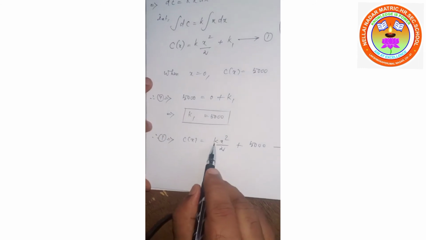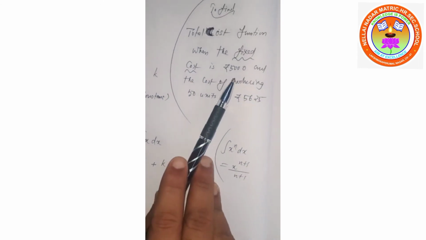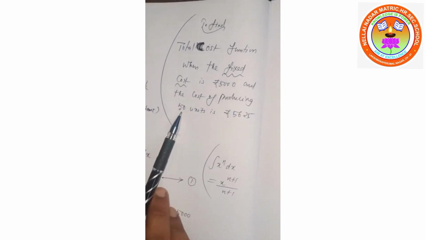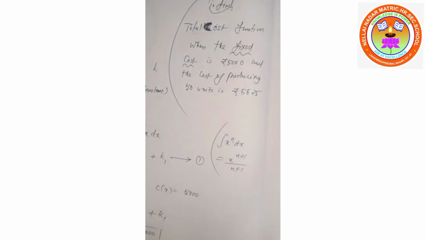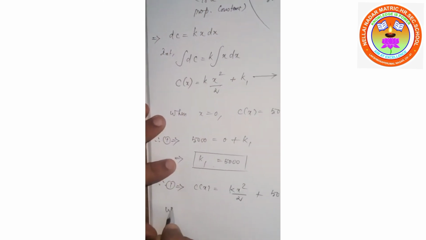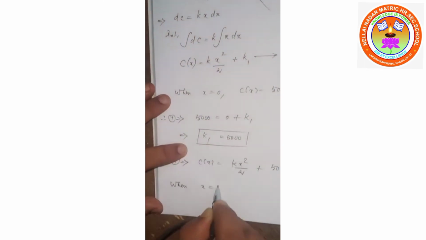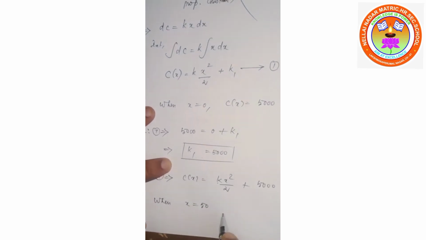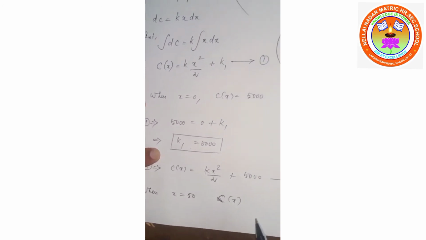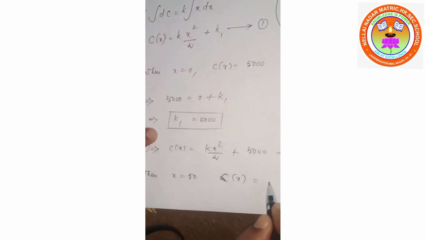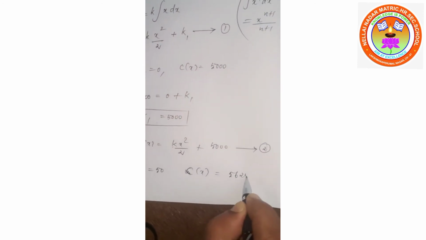Now I am going to find k. How to find k? Second condition, what is given? Cost of producing 50 units is 5625. This is a cost, this is the number of units. When x equals 50, the number of units, C of x equals 5,625.